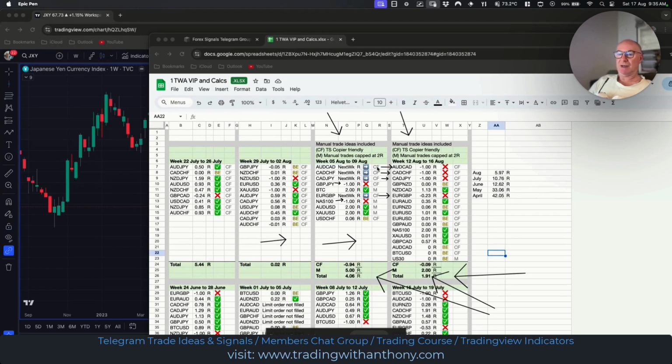These CF are in a format that TS Copier can read, so they're TS Copier friendly. And these other ones are manual trades, and they'll go in as a screenshot or a video. This week we had 2 manual trades. Previously we had a couple more. There's a reason for the manual trades. I've done a video on it.